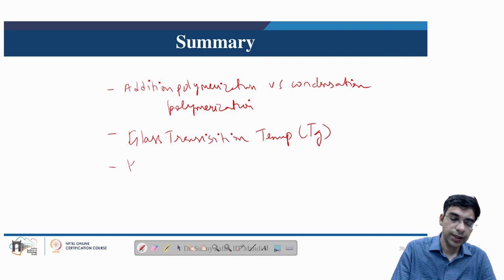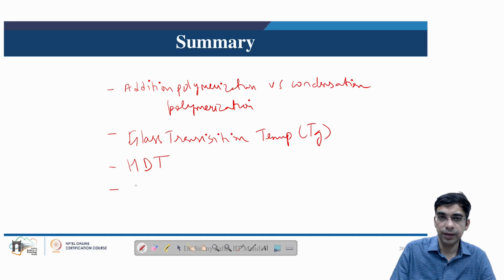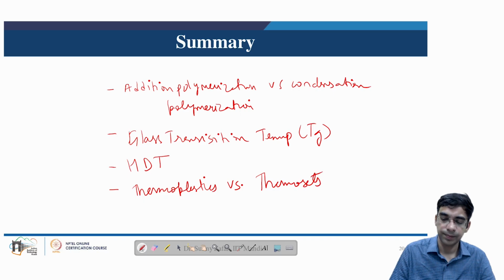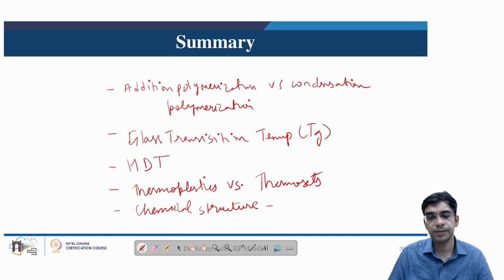We have also looked at heat deflection temperature. We have also looked at how the behavior of thermoplastics is different from the behavior of thermosets. And lastly, we have looked at the chemical structure of some of the popular thermosets used especially in wind turbine blade manufacturing.